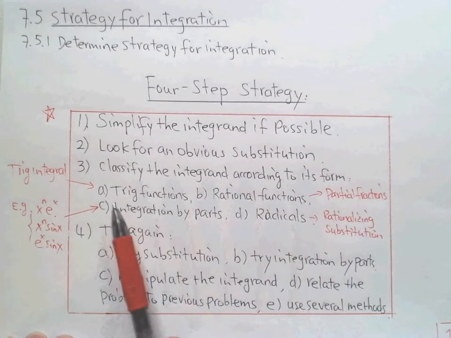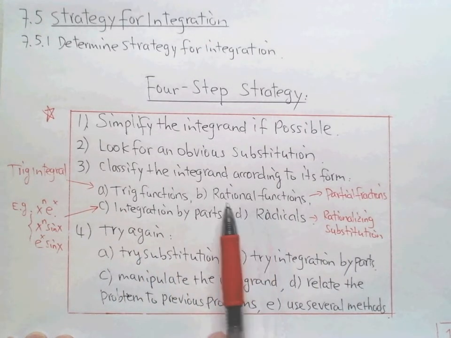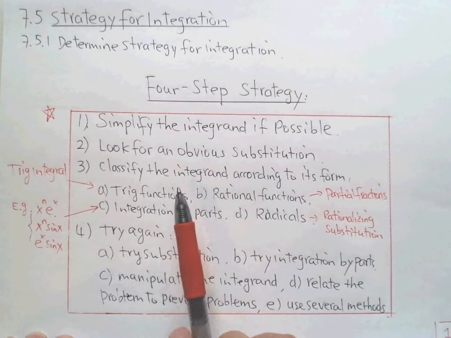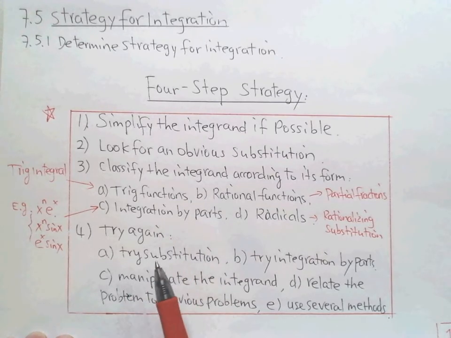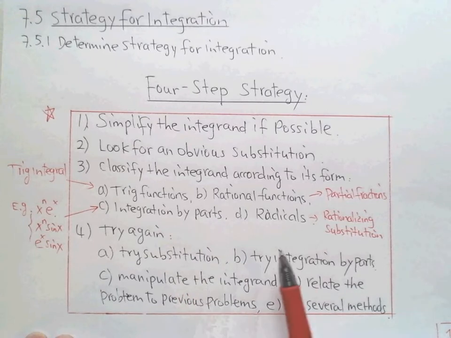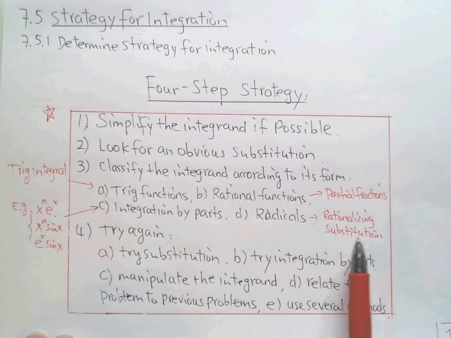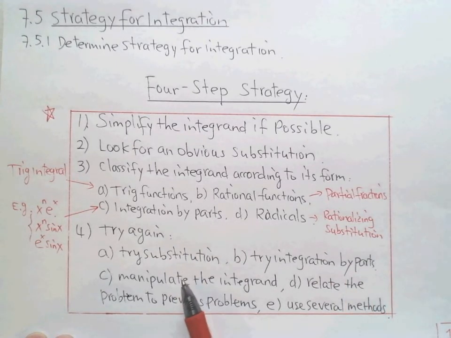Remember that. However, if the third step still does not work for us, we have to try again and again. Don't give up. We can try substitution, or we can try integration by parts, or, if it's complicated, sometimes we can manipulate the integrand.